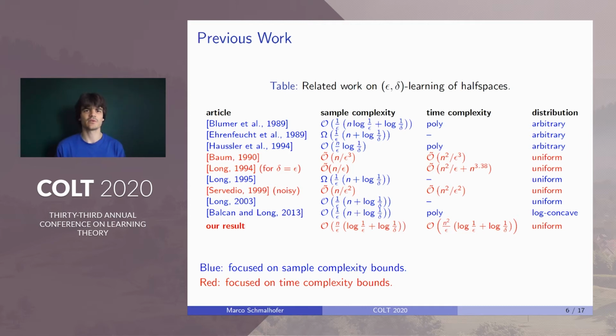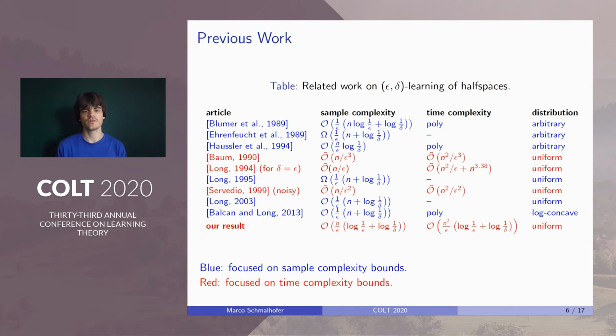Besides these linear programming approaches, Baum provided a perceptron variant which needs essentially n squared over epsilon cubed time steps, thus beating simple linear programming for the uniform distribution on the unit sphere. For small error parameters epsilon, this was improved by Long in 1994, again using linear programming. Finally, in 1999, Servedio provided a simple algorithm which runs in n squared over epsilon squared time steps. This algorithm is even able to handle noise.